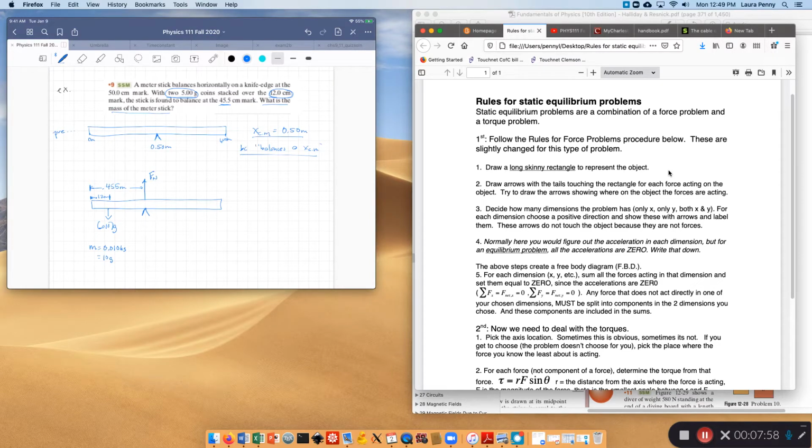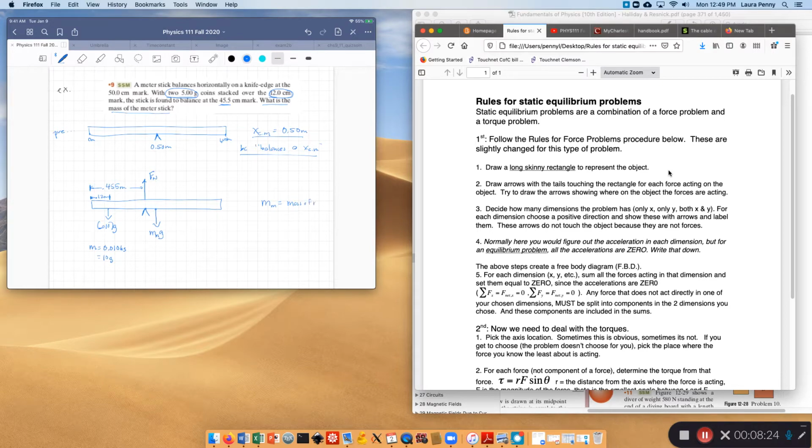The last thing, and there is another force, it tells me that the center of mass is at half a meter. So it's right here. The center of mass is the location where the gravitational force of the meter stick acts. So this is where the mass of the meter stick times G acts.